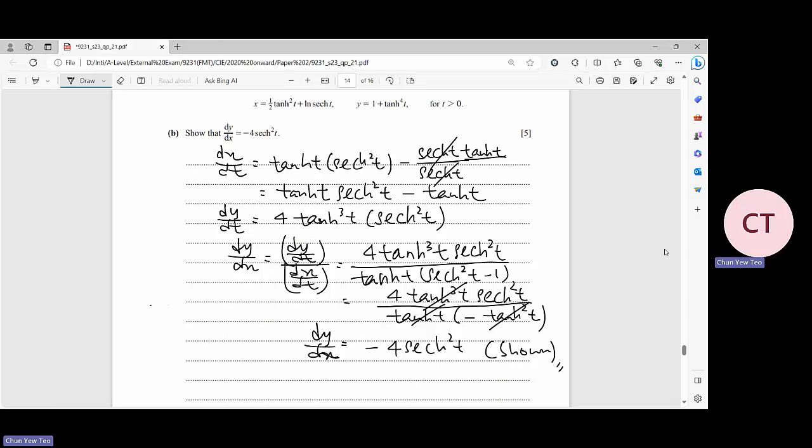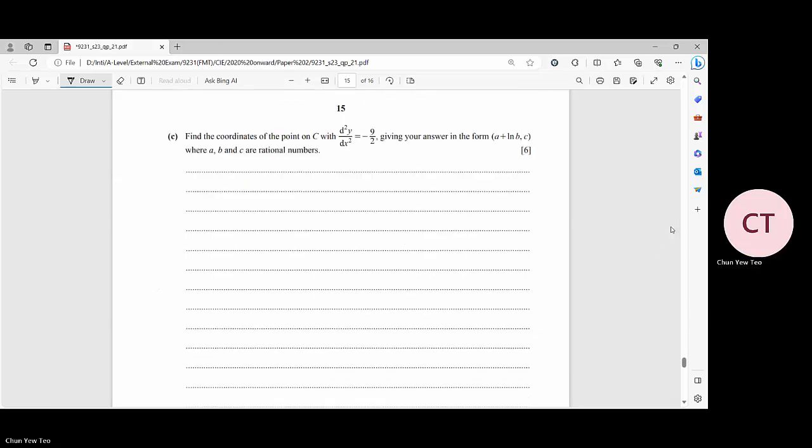Now we move on to part C. We want to find the coordinates of the point on C with d squared y over dx squared equal to negative 9/2, giving your answer in the form a plus ln b and c, where a, b, and c are rational numbers. For the second-order derivative, you take the first-order and differentiate it.